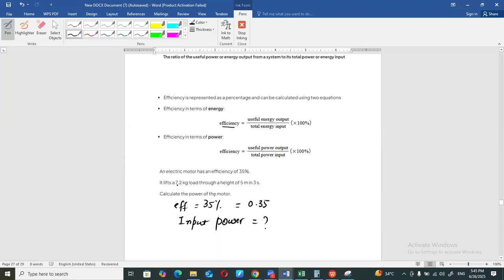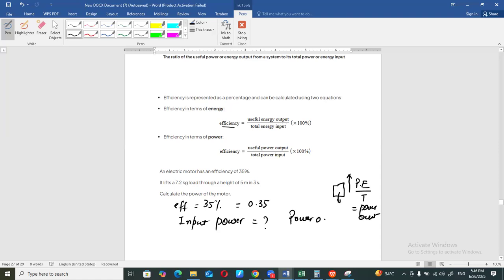Now, you can see that it lifts 7.2 kg load to a height of 5. So technically, if there is a load, it should have a weight, right? And it is being lifted upward, which means potential energy. Energy divided by time will be power output. So what is the calculation for that?